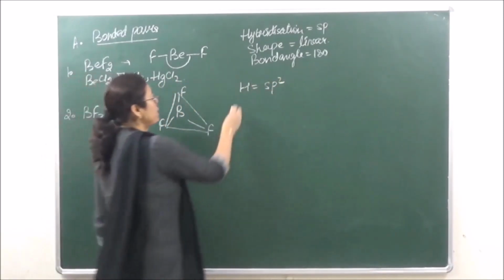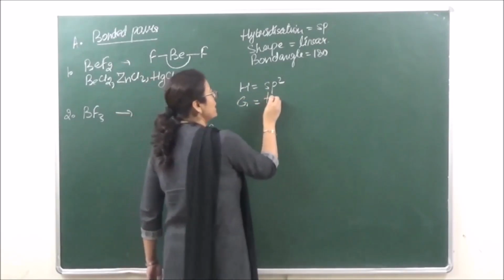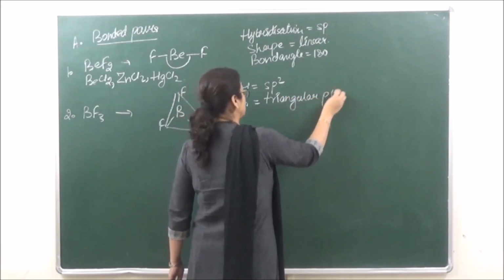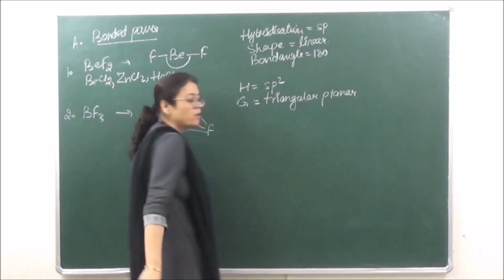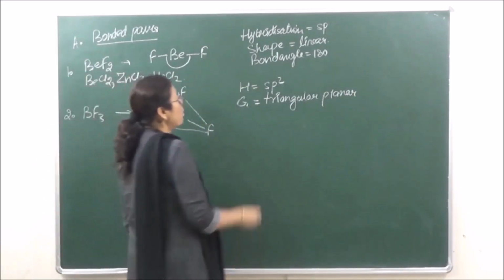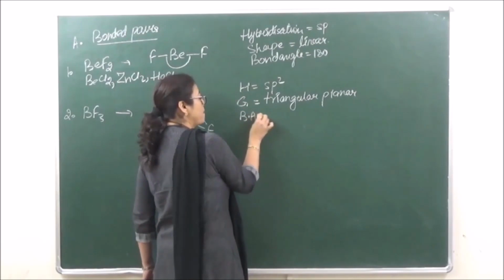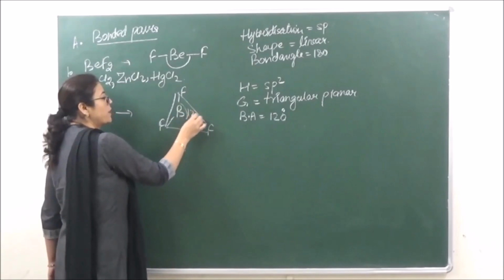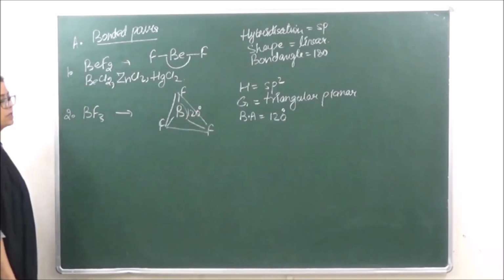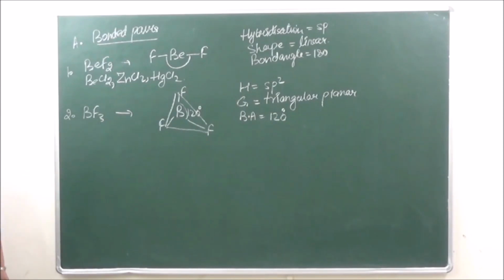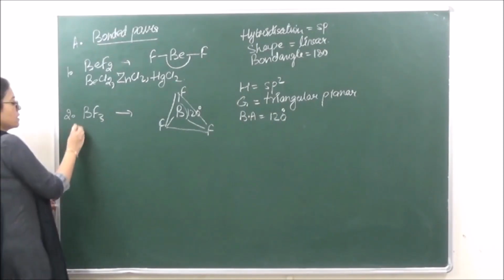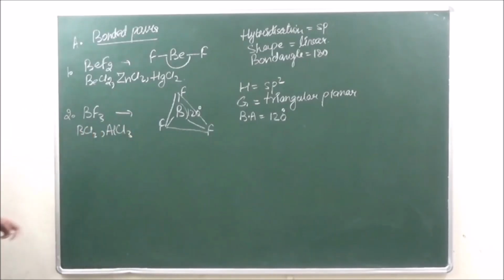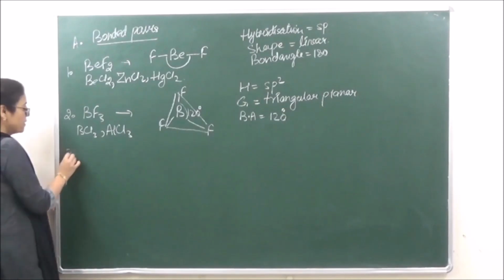Geometry or shape is going to be triangular planar, and the bond angle is going to be 120 degrees. So this is the bond angle over here, which is 120 degrees. Other examples of this type are BCl3 and AlCl3.